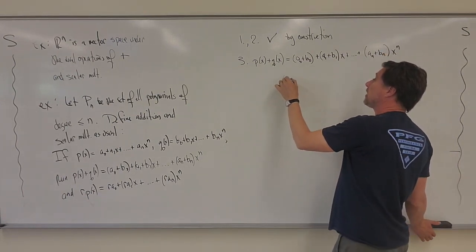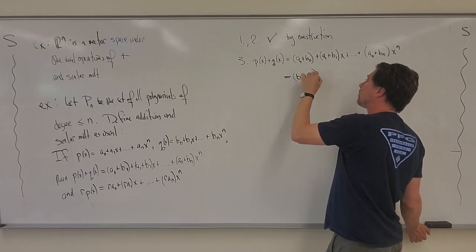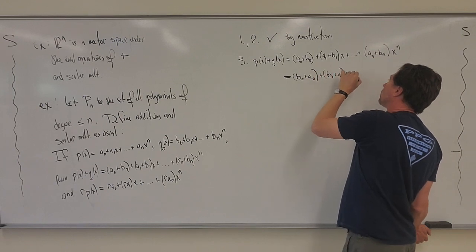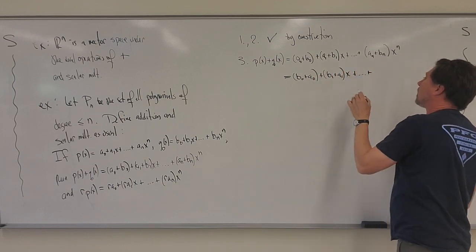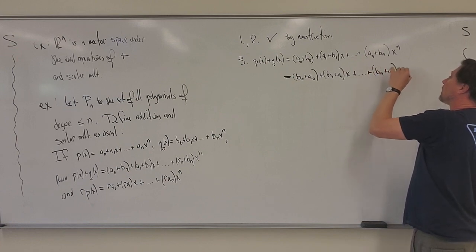Now, this is exactly equal to (b0 plus a0) plus (b1 plus a1) times x plus dot dot dot plus (bn plus a sub n) times x to the n.